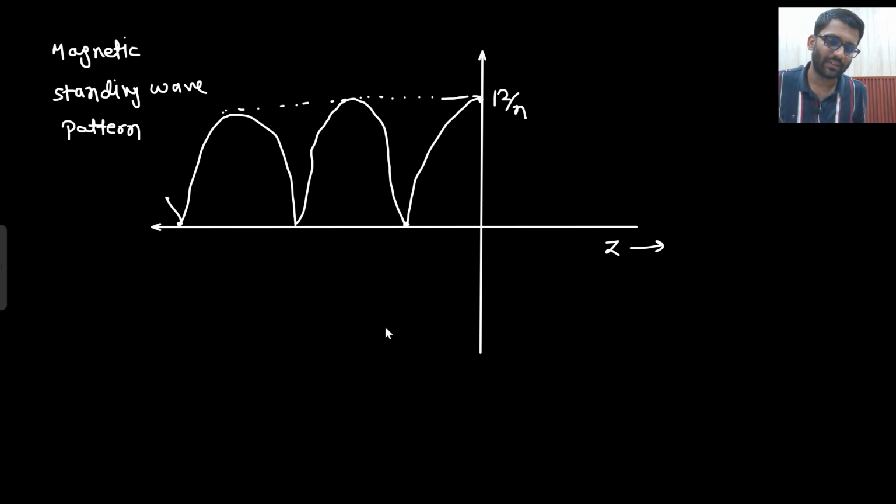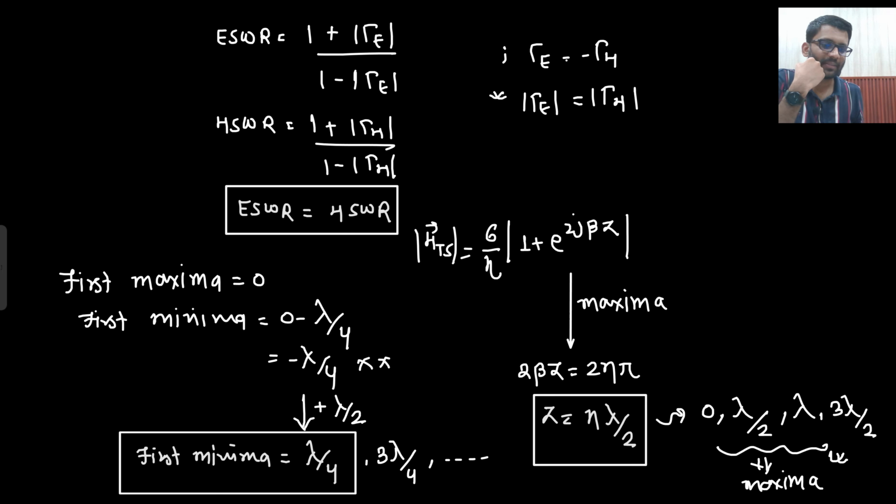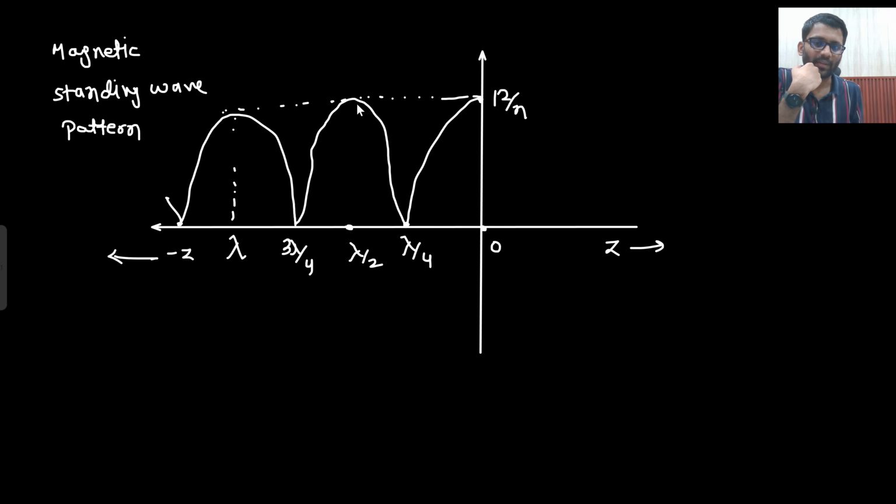This is your z, this is your minus z, and this amplitude is 2E0 by eta, and this amplitude is 0. This will be 0, this will be lambda by 4, this will be lambda by 2, this will be 3 lambda by 4, this will be lambda. So where are your maxima? 0, lambda by 2, lambda. In that manner we are having the maxima.